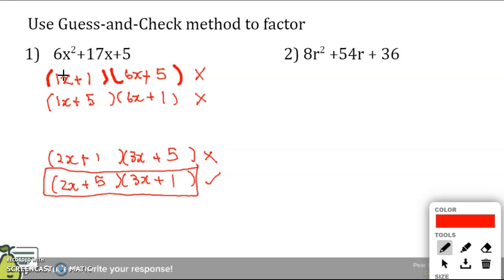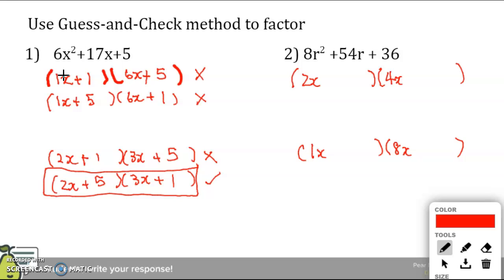Let's go with the next one. Again, the different combination is 2x and 4x, or it could be 1x and 8x. Okay. Now I could have 36. Now 36 has a lot more factors.